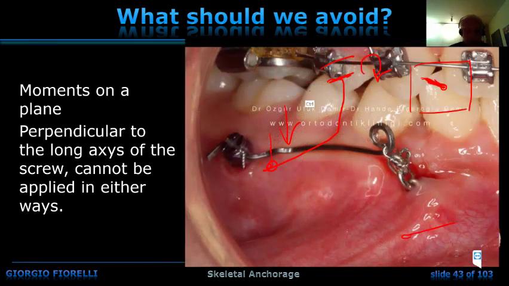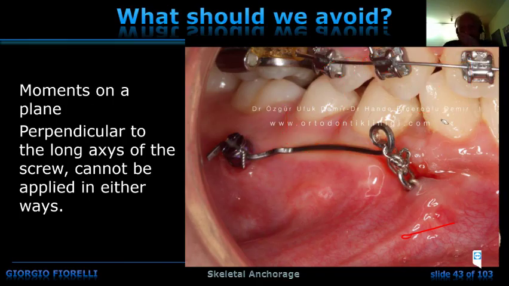Now let's give a look here to this case taken again from the internet, and this guy was using this cantilever to produce an extrusive force here. But look at the TAD which is inserted here like this, well, oblique but very much transversally.